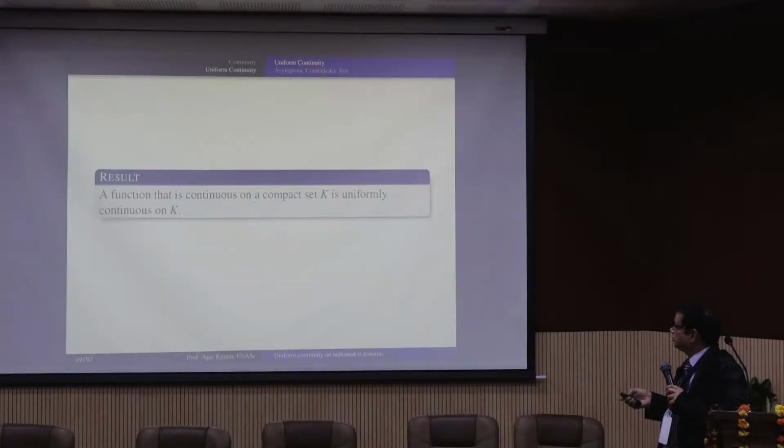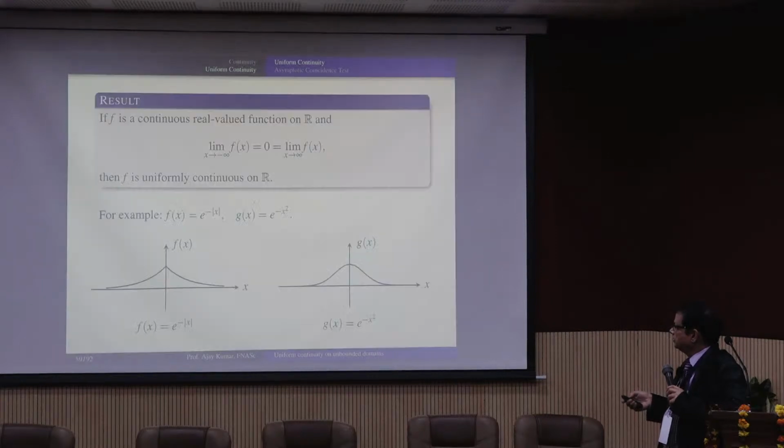So with the help of this criterion, we can decide such cases. Of course, a continuous function on a compact set is uniformly continuous. Next is uniform continuity on the real line. We talked about closed intervals, but if the function is continuous and vanishes at infinity, that's why I showed you the Gaussian earlier, and the function e to the power minus mod x.